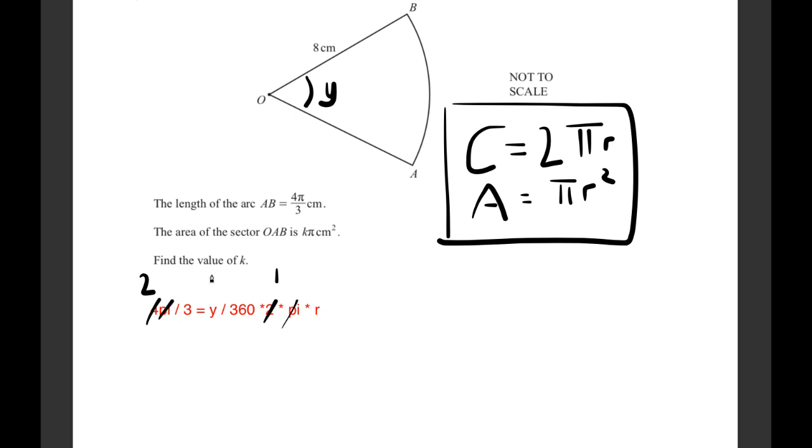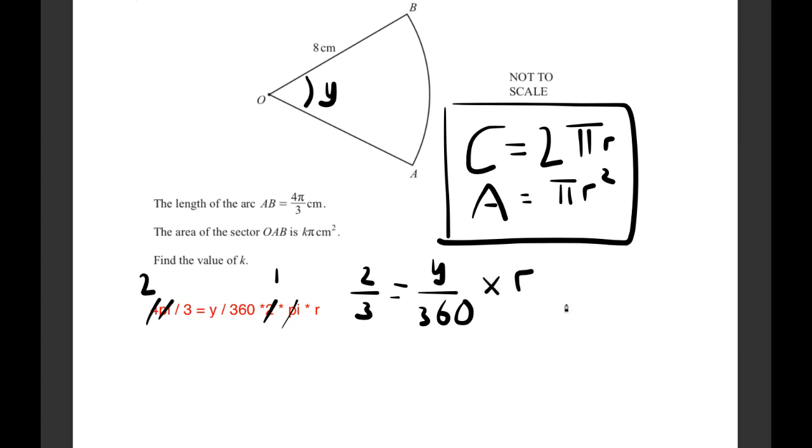That pi cancels. So cancel everything we can. Okay. So that means then that 2/3 is equal to y over 360 times the radius.